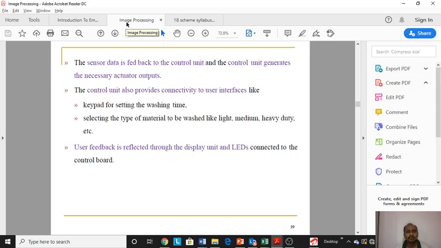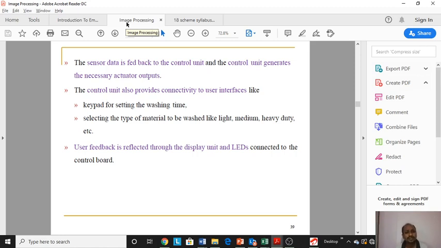The control unit also provides connectivity to the user interface, like a keypad for setting the washing machine time. Nowadays we have keypads on washing machines: sensor keypads, touch keypads, non-touch keypads, right? All these are used for controlling things, like whether you want to wash light cloths, medium cloths, or heavy duty cloths, and so on.